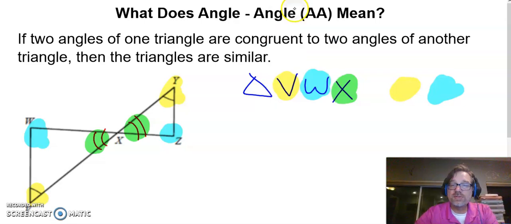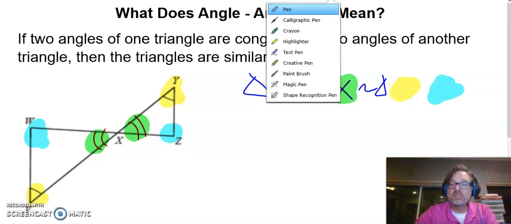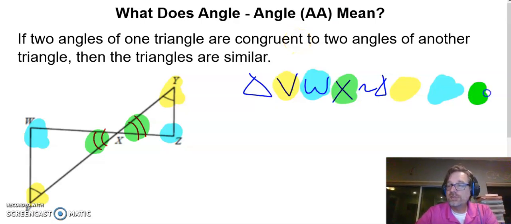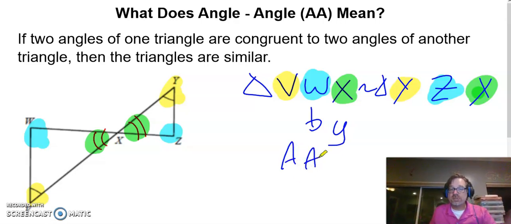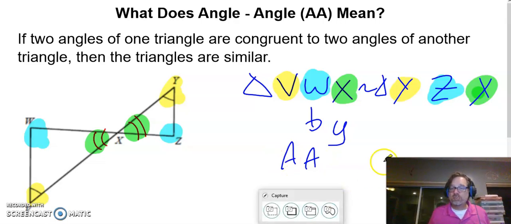So when I write my second triangle, my similarity statement, I'm going to say similar to triangle, and I'm going to need to go yellow, blue, green as well. So that'll be Y, Z, X. Why are they similar? They are similar by angle, angle. And remember, if the 2 triangles are similar, all 3 angles are going to be the same, and my sides are going to be in proportion.